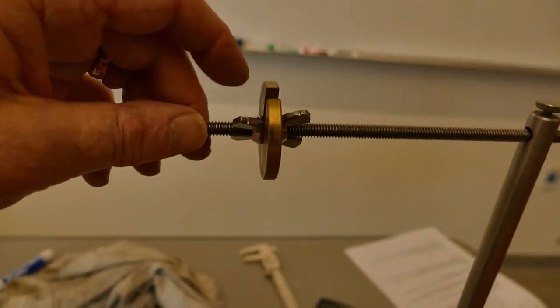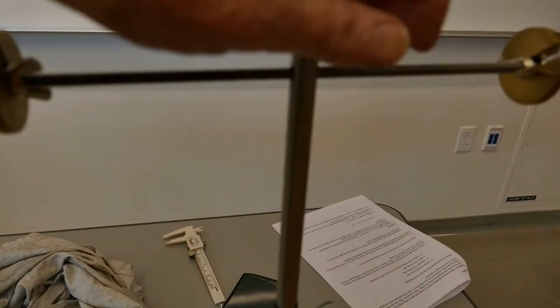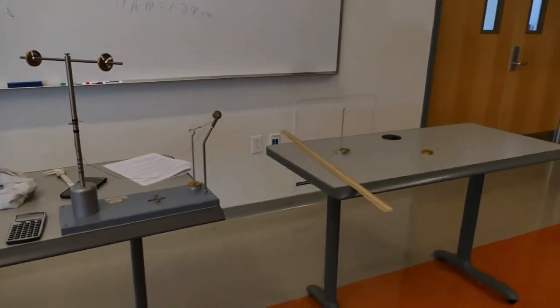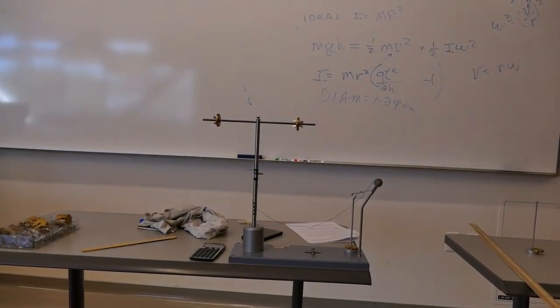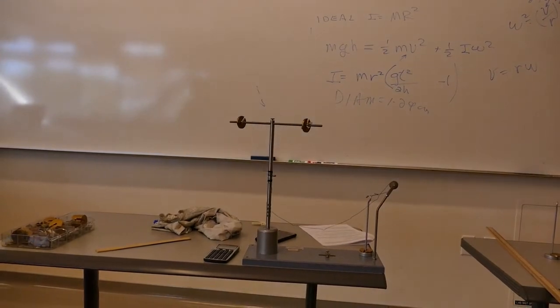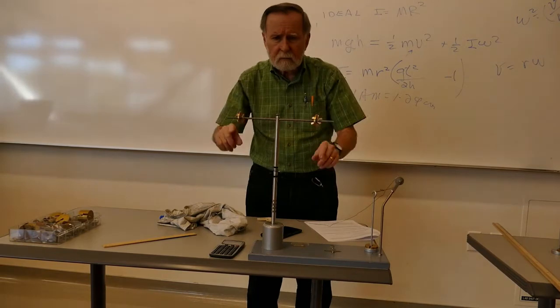These are the masses here, but look at there's these wing nuts, and the rod itself, and the shaft. They're all rotating too. Don't they have mass? Don't they have moment of inertia? Of course. So, but what I want is the moment of inertia of just these two masses by themselves.